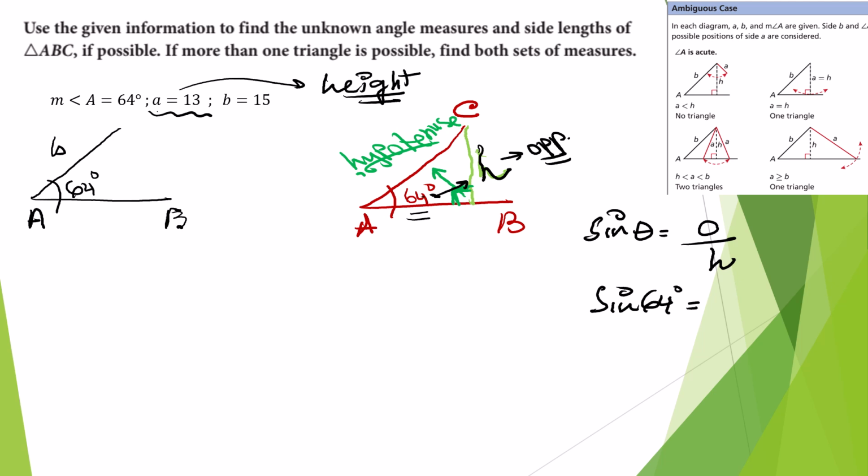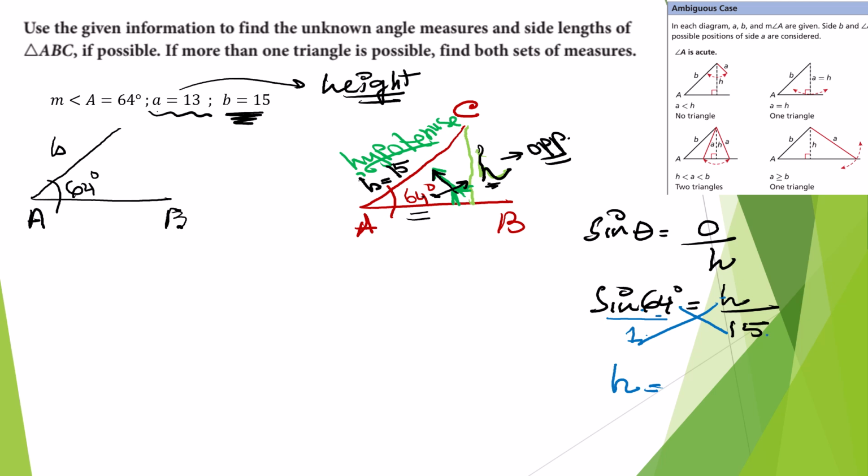Opposite to this 64 is h, over the hypotenuse. We are given in the question that small b equals 15, so the hypotenuse is 15. Now I have to find h, by cross multiplication. Under sine 64 there is nothing, meaning 1. So h times 1 gives h equals sine 64 times 15.